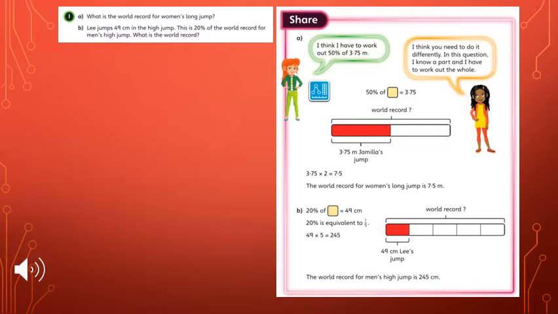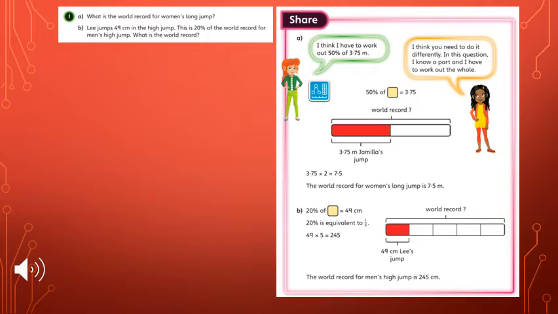B asked, Lee jumps 49 centimetres in the high jump, and this is 20% of the world record for men's high jump. They want to know what is the world record for men's high jump. So I'm looking for 20% of the whole equals 49 centimetres. I know that 20% is equivalent to 1/5. You can see that on the bar model, 1/5 has been shaded in, the height that Lee jumped, and the rest is blank.